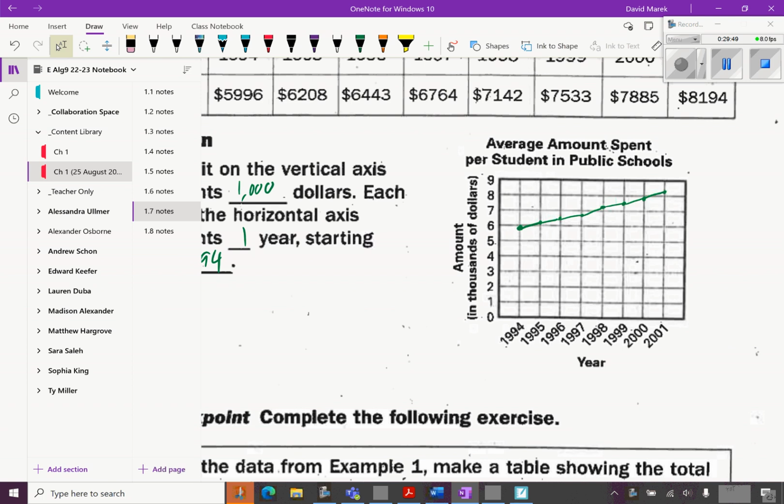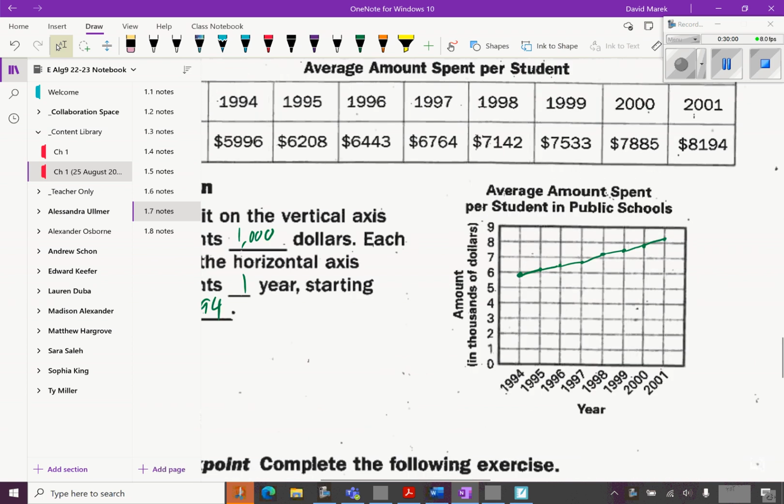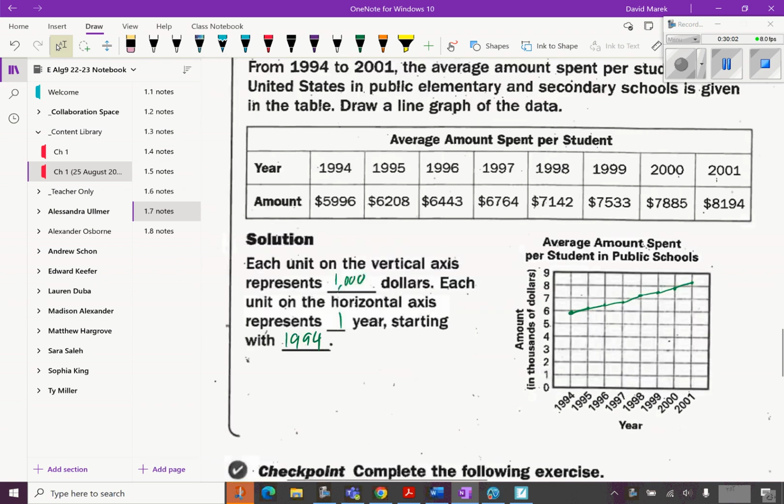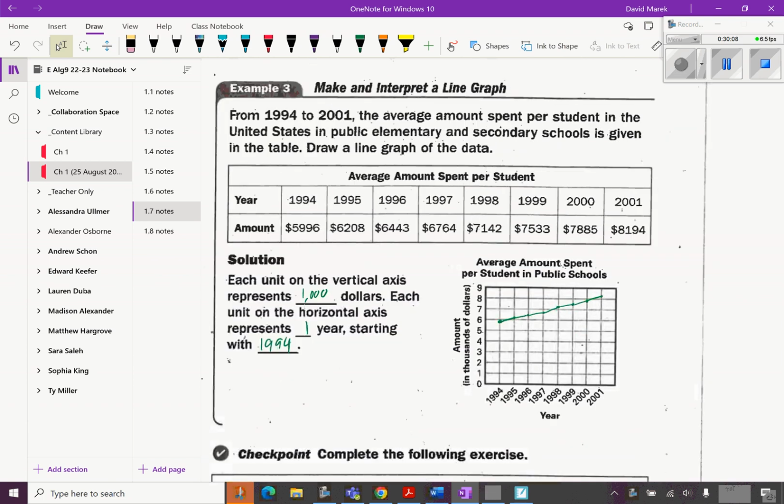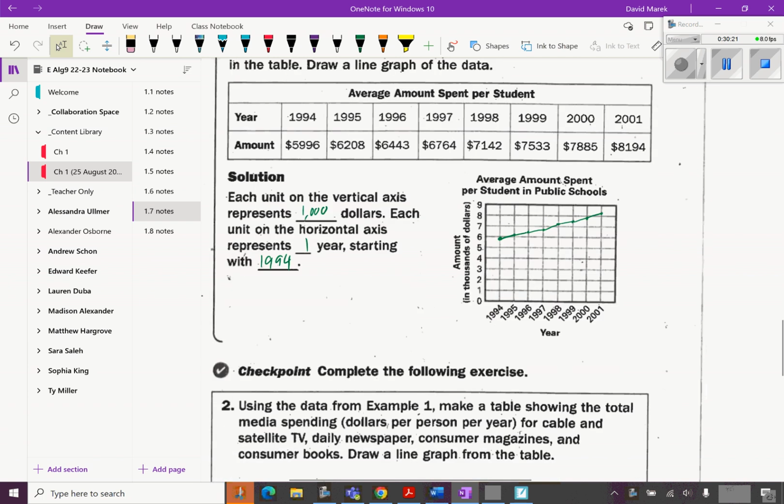But a line that comes as close as possible to each of those points, all right, it'd have a positive slope. It's going up, but it's not very steep. Again, trying to give us a visual summary of what the data tells us. The spending in public elementary and secondary schools is increasing, but it's not increasing very fast.